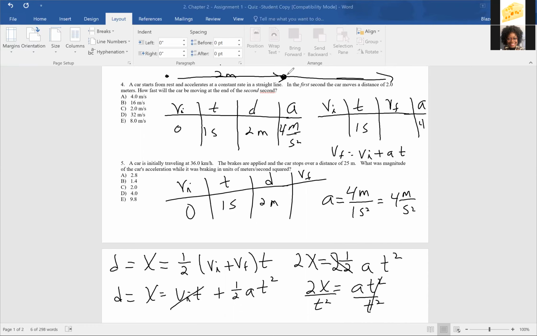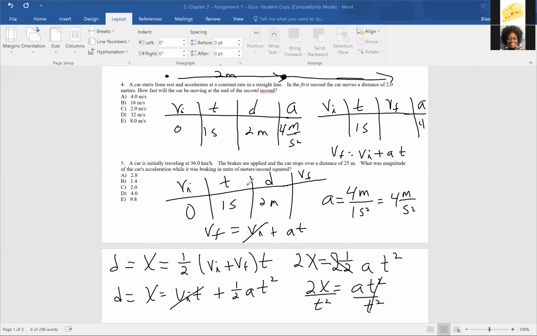So right here, I want to know how fast it is going. In order to find that, I've got to find this V final. And of course, now that I know A, I can just say that V final is V initial plus AT. Because now I know that V initial started out at 0. Now I know what A is.